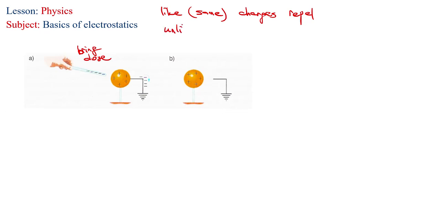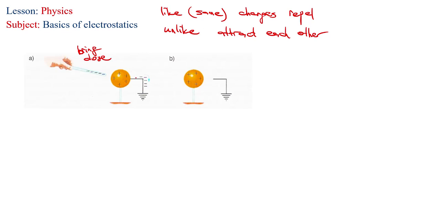So unlike charges, like negative and positive, they attract each other. You see, so that's the rule that you know from the 8th grade. And now I have here minus 5q, and minus 5q are repelled to the far end here.